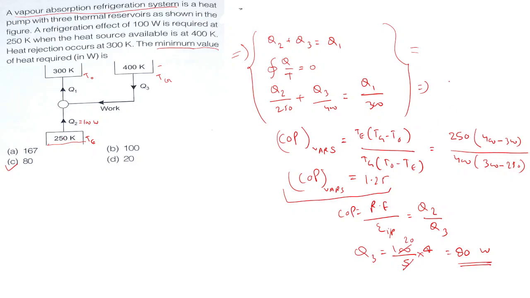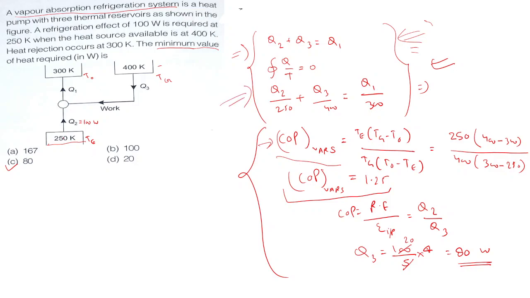So here we can go this way also, and with the COP also we can do it, because we know the ideal COP formula. That COP formula we have derived this way only, right? Here, if you forgot the formula, then we can go this way.